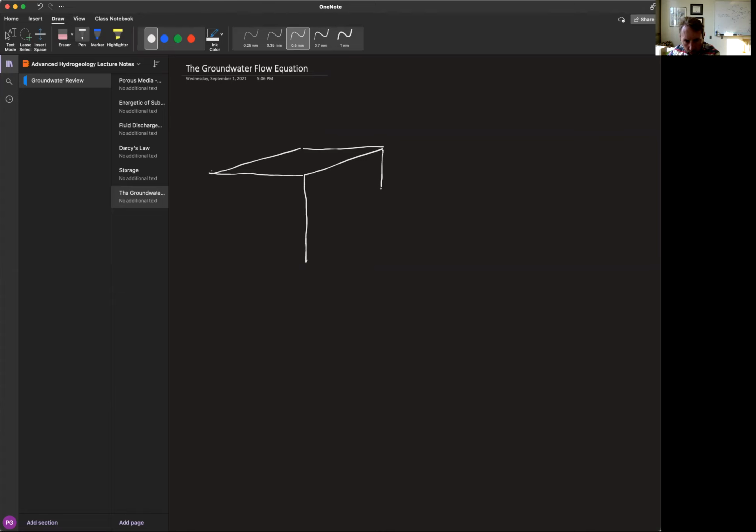And we're going to conserve water mass in our cube.